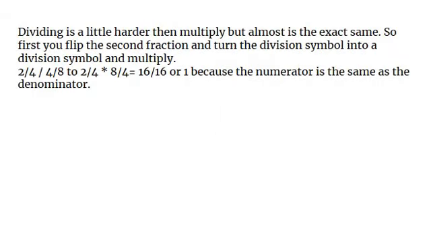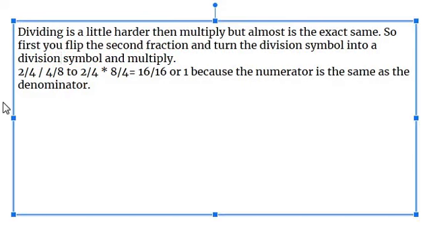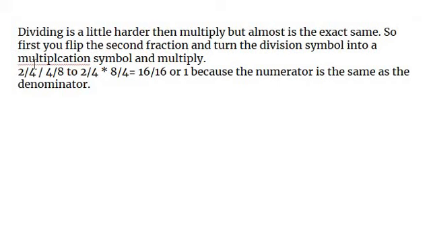Dividing is a little harder than multiplying, but it is almost exactly the same. So first you flip the second fraction, then turn the division symbol into a multiplication symbol and multiply.